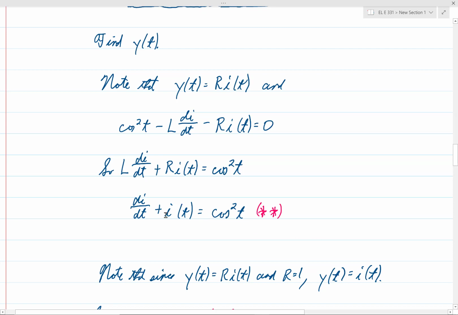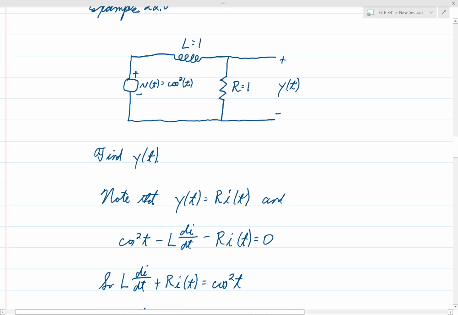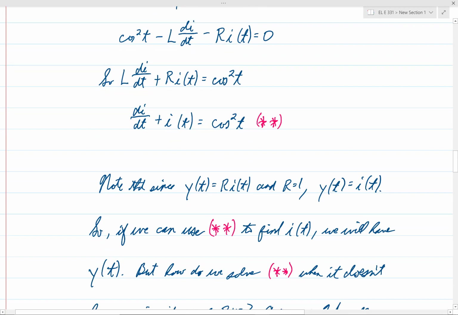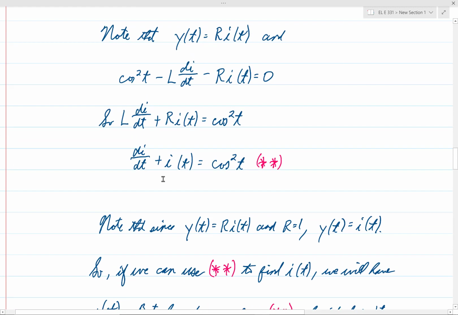So as soon as we can solve this differential equation for I, we will have our desired value of y of t, which is what we want, after all, as you can see here. That's what we want in this problem, is to find y of t, the voltage across that resistor. So all we have to do is solve this differential equation for I.